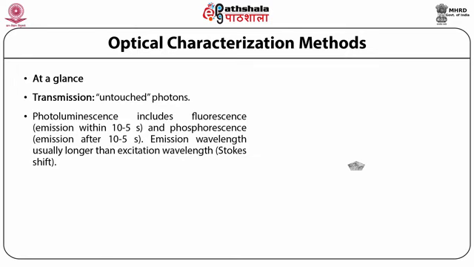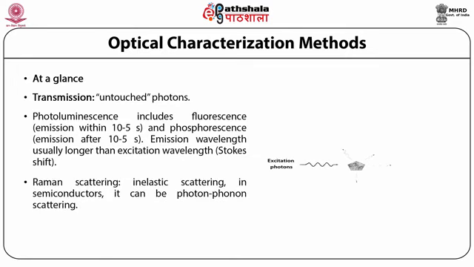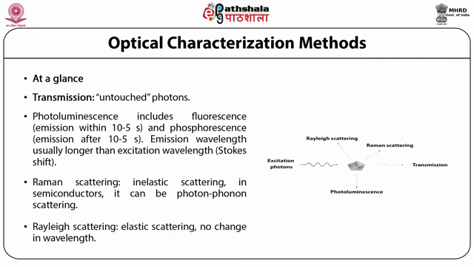Now next is Raman scattering, which is the inelastic scattering in semiconductors. It can be phonon-phonon scattering. Next is Rayleigh scattering, which is elastic scattering, and there is no change in the wavelength.